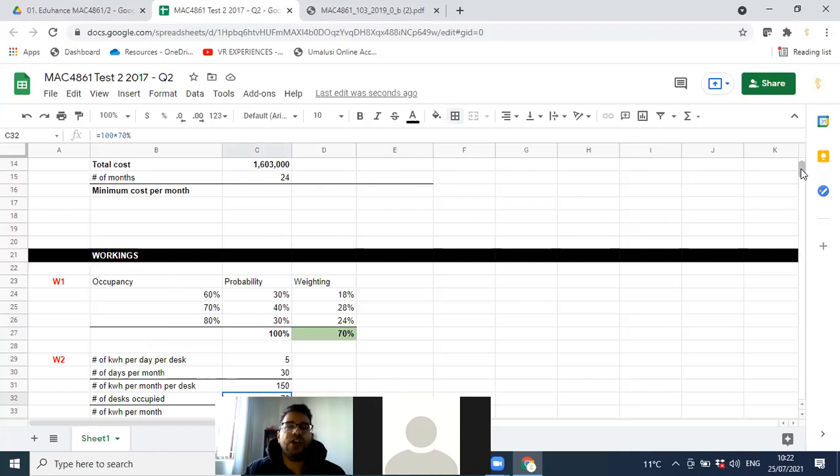So for those of you who are into leasing or want to buy a property and rent it out, you don't work out how much money you're going to make by saying rent per month times 12 months. You have to say rent per month times 12 months multiplied by an expected occupancy rate.